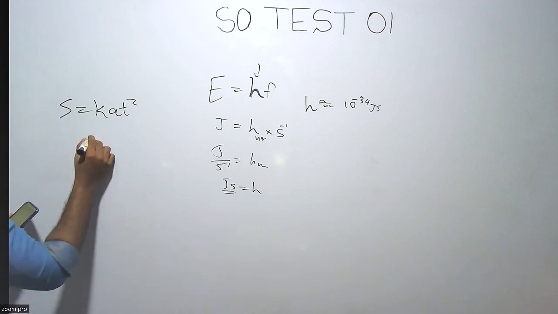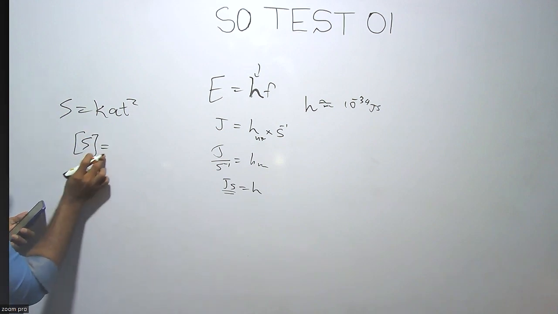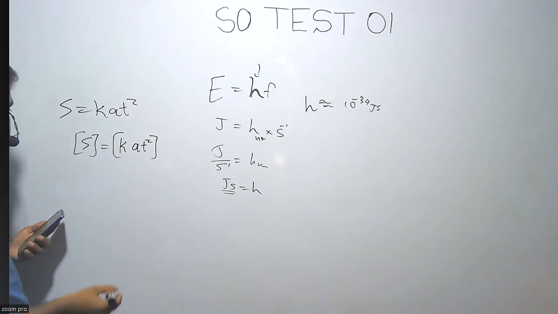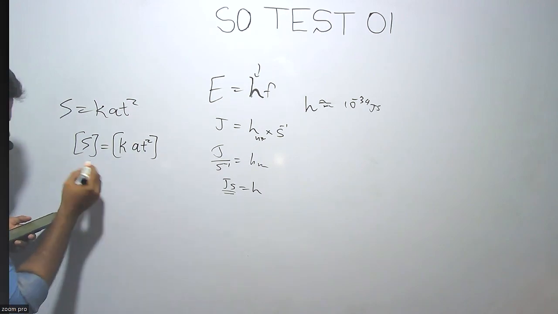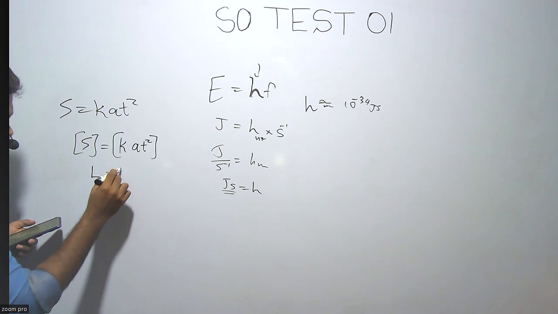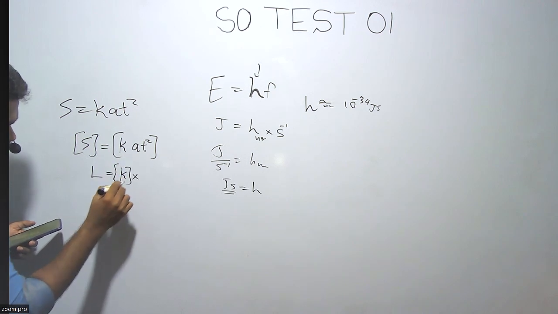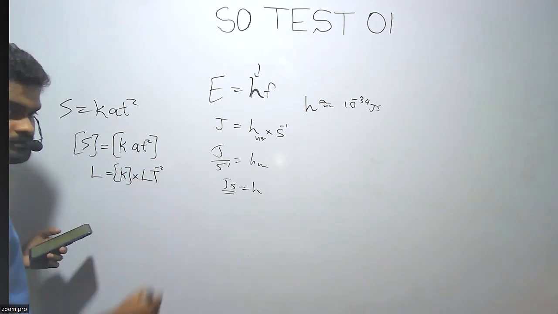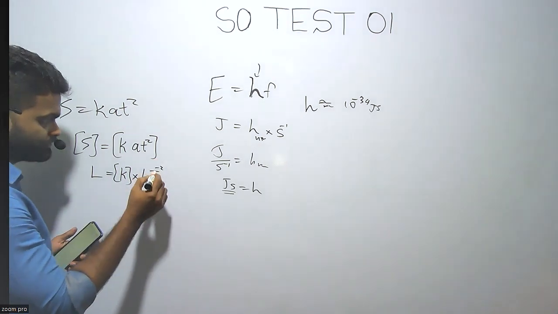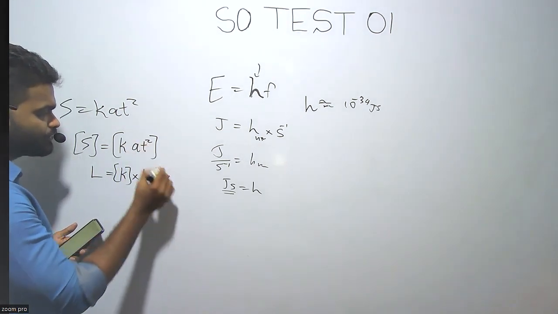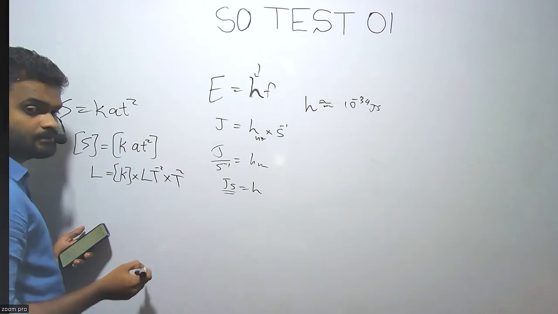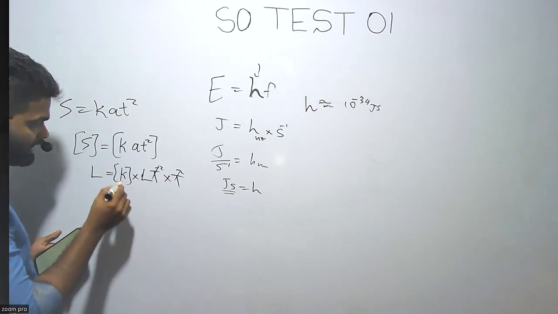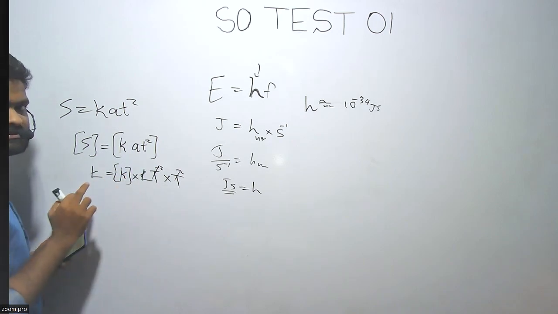So you can write the dimensions of s equals the dimensions of k a t squared. s is a distance, so dimensions L. We have k dimensions, we don't know that. a is acceleration, L T minus 2, times t squared, meaning time squared. And T squared and T minus 2 cancel off. You have L cancelling off from both sides.